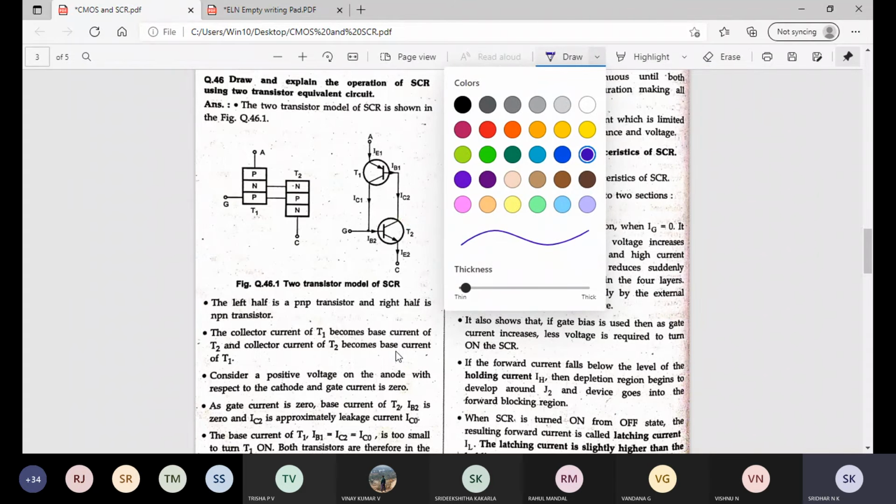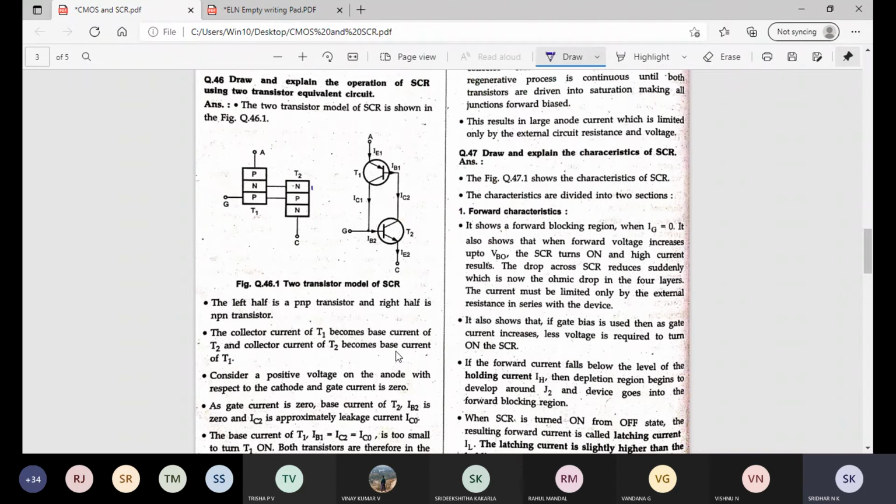If you observe this, this is base, this is not base, this is collector.